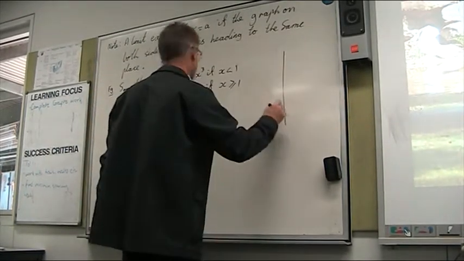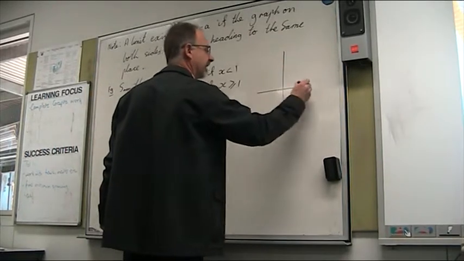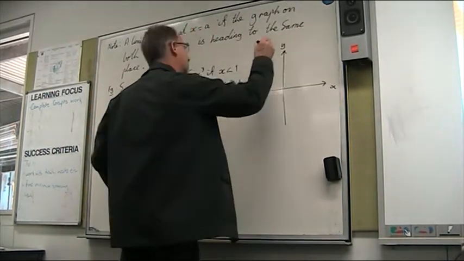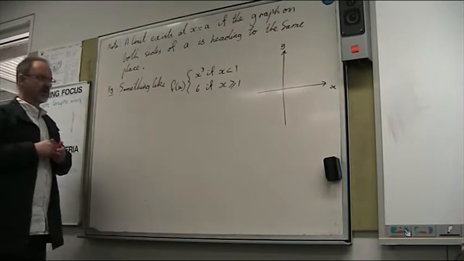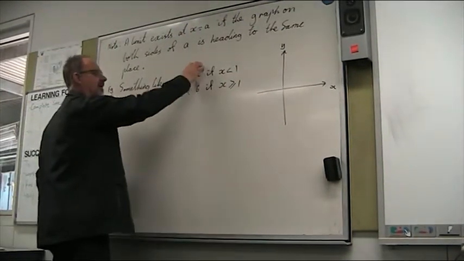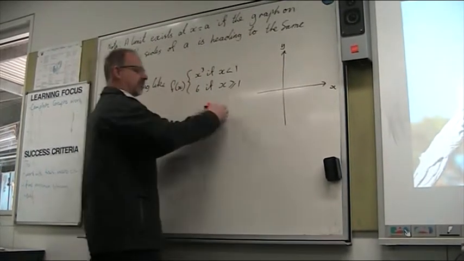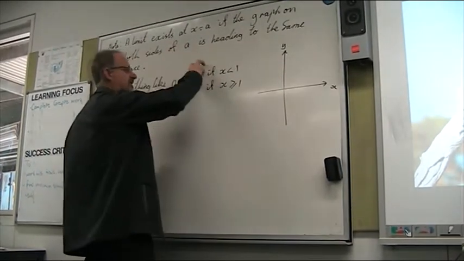Alright, so this is sort of jumping ahead with this sort of function to what's called a piecewise or a hybrid function. We have the whole domain R split up into some bits.